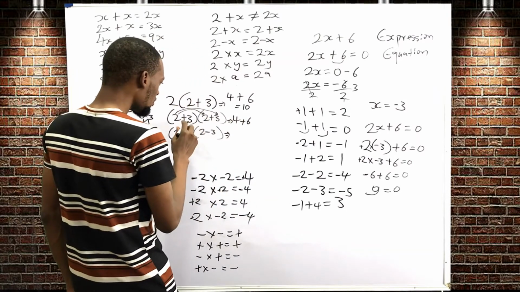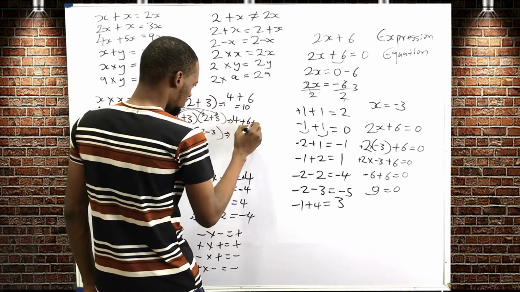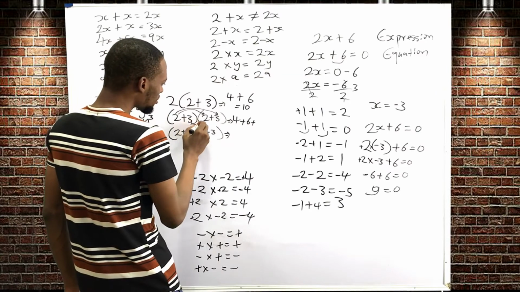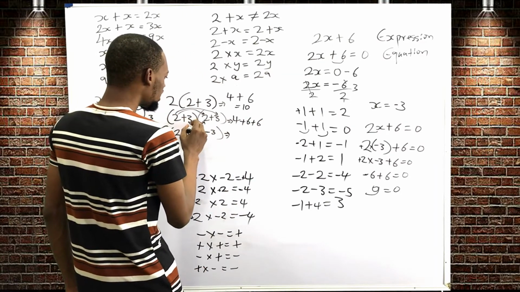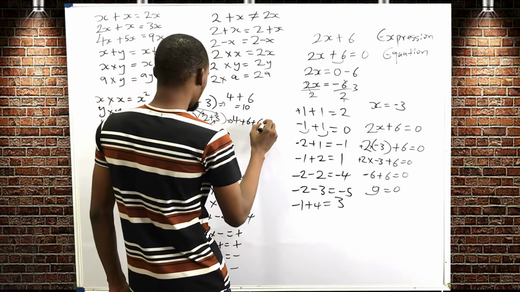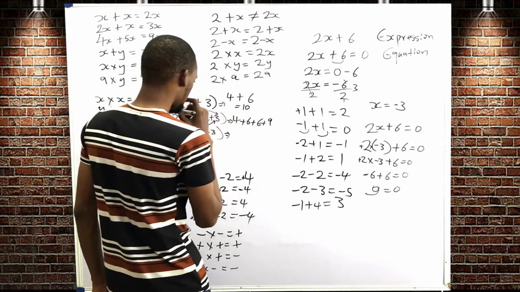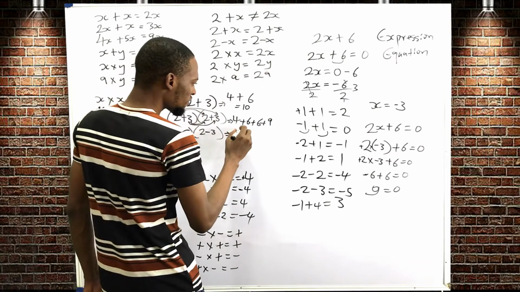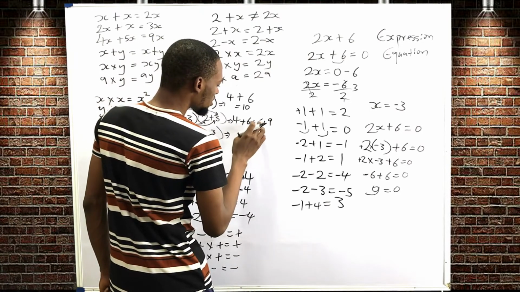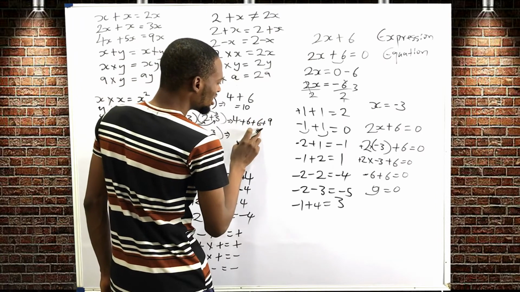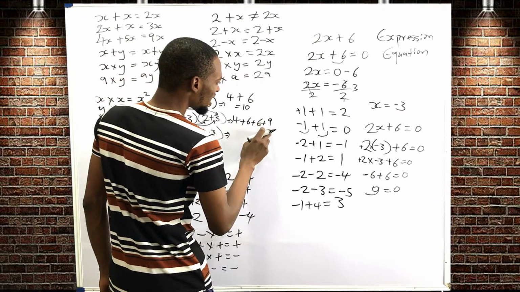Then plus 3 times this 2 is 6. 3 times this 3 is 9. So this will give you 4 plus 6 is 10. 10 plus 6 is 16. 16 plus 9, 25.